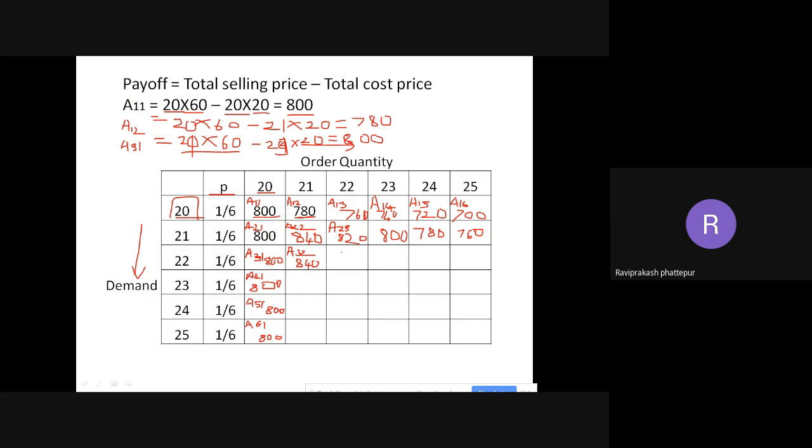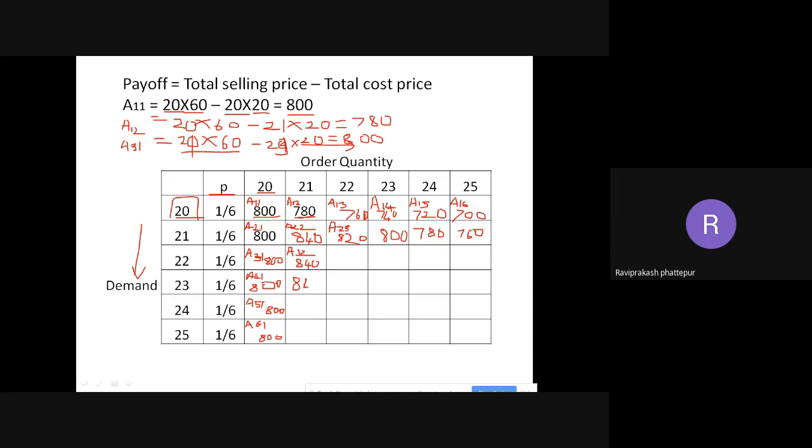Why? Because even though my demand is 22, I am having only 21. So I can sell a maximum of 21. The equation remains the same. I am selling 21 because I'm having 21: 21 into 60 minus 21 into 20. So all the bottom ones will become 840 only. From the first box it is 800, and from this point it has increased to 840.